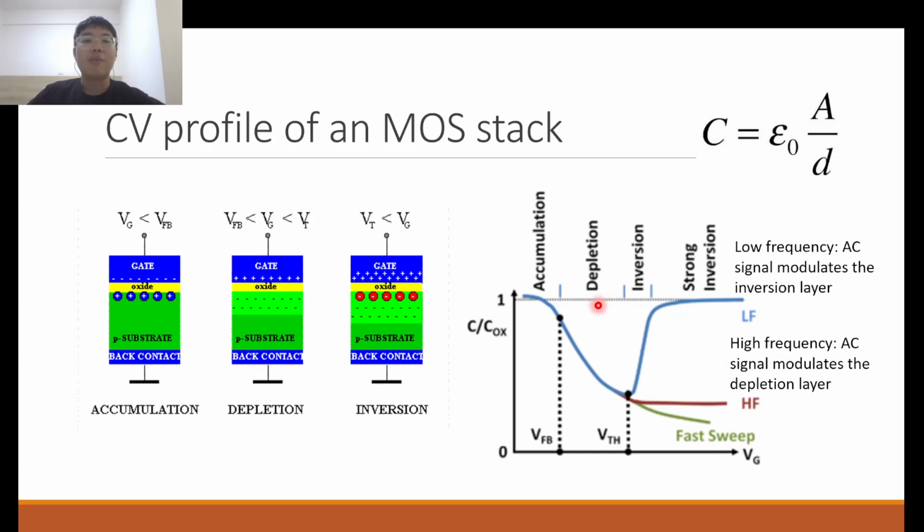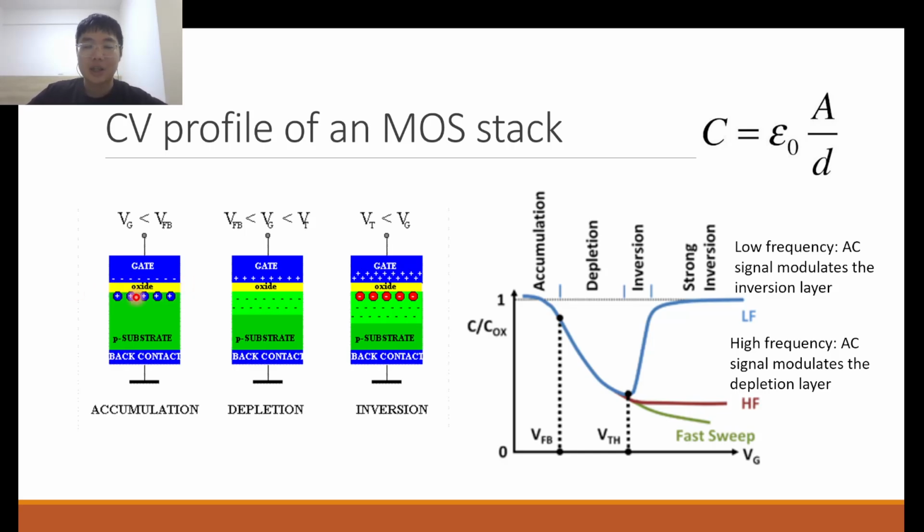So what we normally do is take a capacitance-voltage curve profile of this MOS stack, because it can tell us a lot of information about, let's say, the kind of charges that are in the material, the kind of properties of the semiconductor and all that. Normally, what we see is that the gate, the oxide and the substrate in accumulation mode act as a single capacitor.